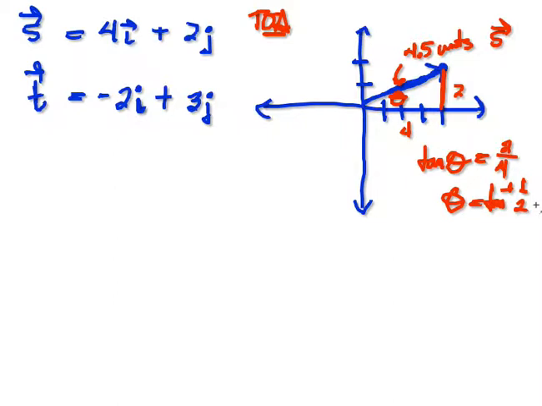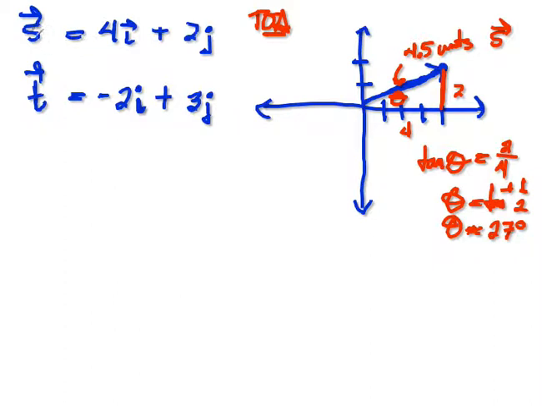Let's see what that is. Tangent inverse of 1 divided by 2 in degree mode, and yeah, it's about 26.56. Let's round it up to about 27 degrees. So theta is approximately 27 degrees, and it's in the first quadrant. That makes sense. We don't have to do anything past that.